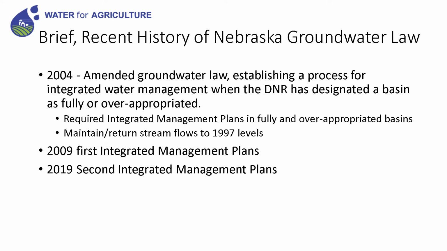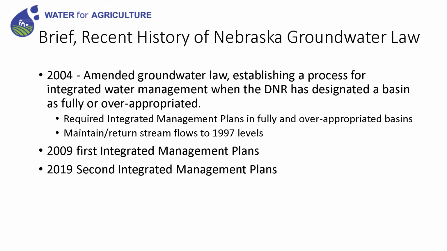If a basin is determined to be fully or over appropriated, the state statute requires integrated management plans in these basins. If it's fully appropriated, it's required to maintain stream flows to 1997 levels. If it's over appropriated, the statute requires that the NRD and DNR work together to return stream flows to 1997 levels.